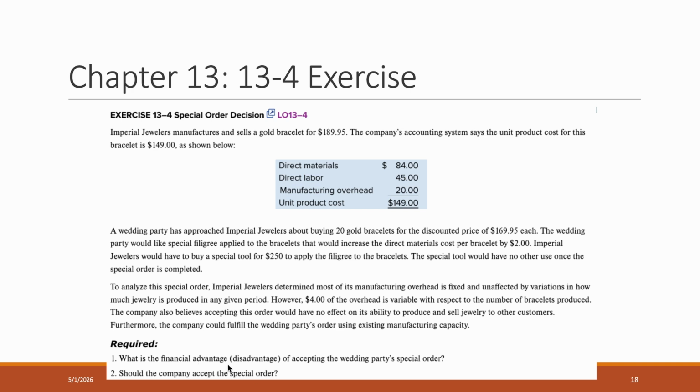We have to figure out if we're going to make a profit off of these bracelets, even at the discounted price, and including the special tool cost. So we can go through the problem now of how to calculate what is the financial advantage, or if we lose money, disadvantage of accepting the wedding party's special order.